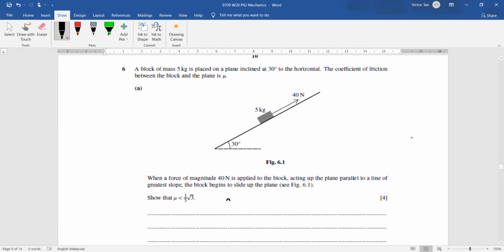So friction, R. R is here. This is your weight, which is 50 Newton. Then friction is downwards because we're sliding up the plane.